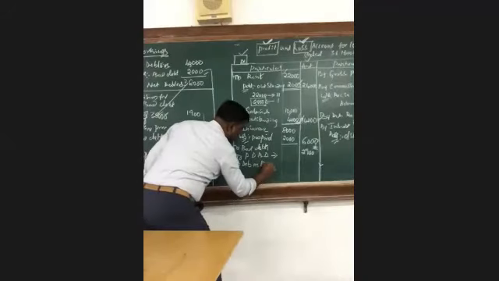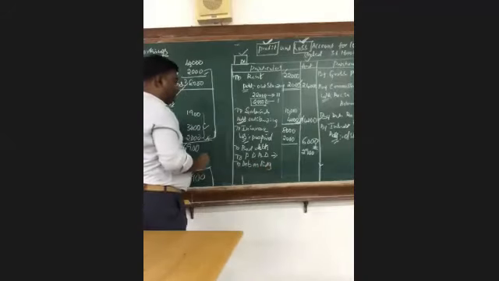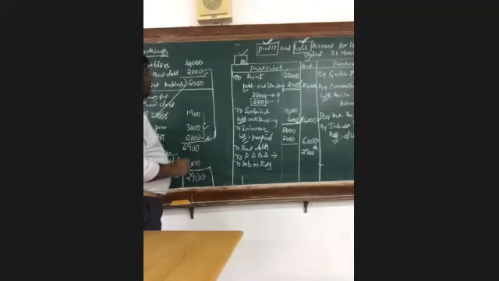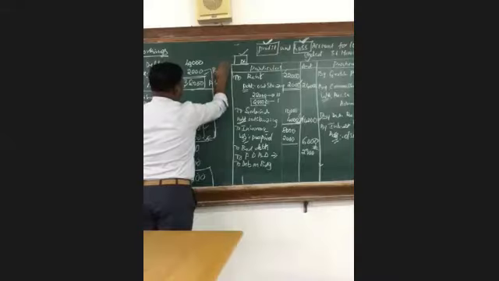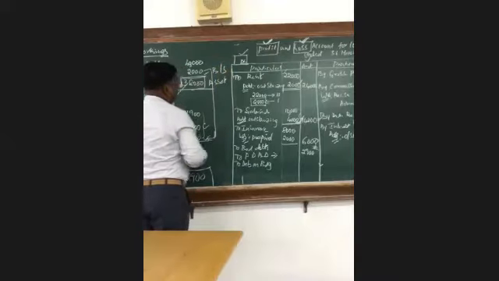Sir, you didn't write net debtors. Net debtors should be written, right? 38,000. Where should I write? Debtors is an asset. It will go in the balance sheet, on the asset side.